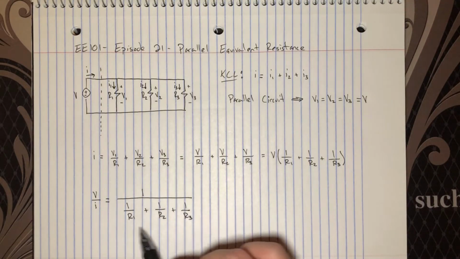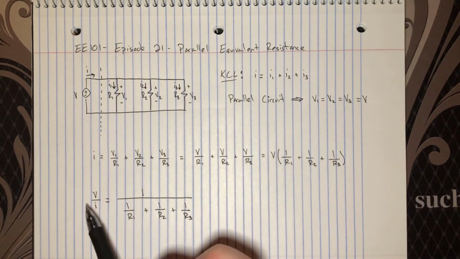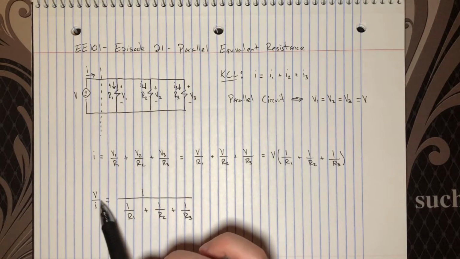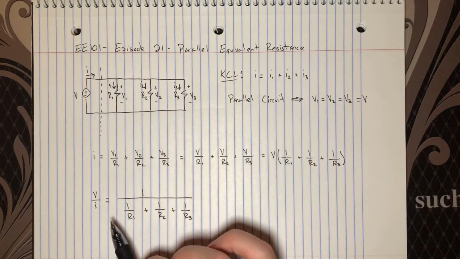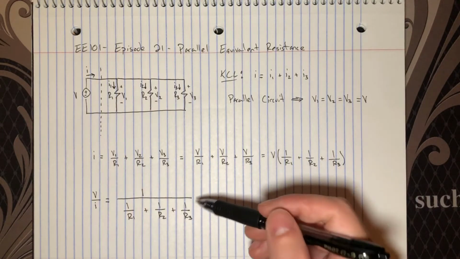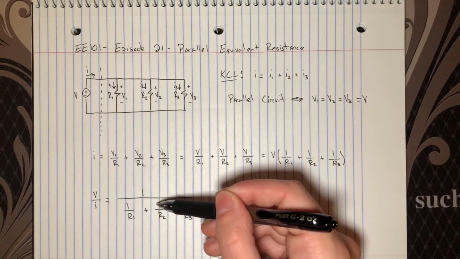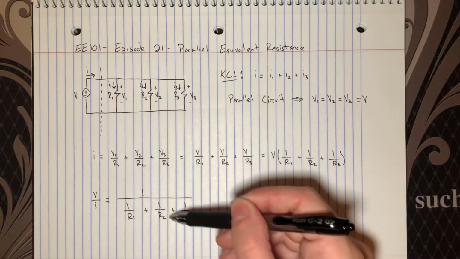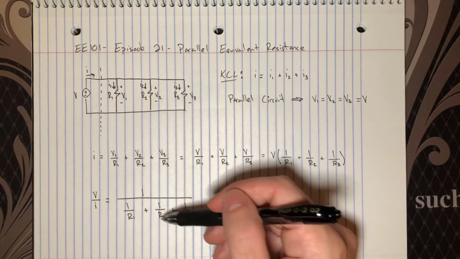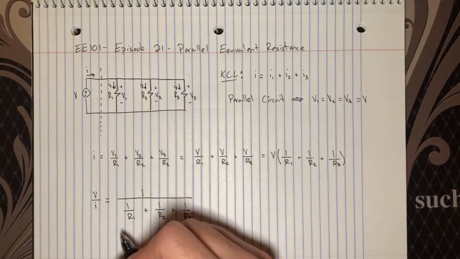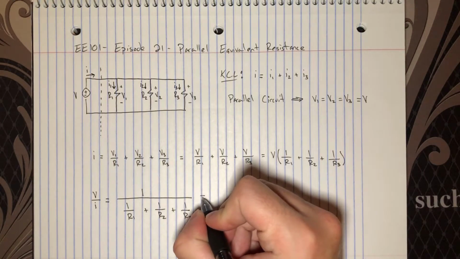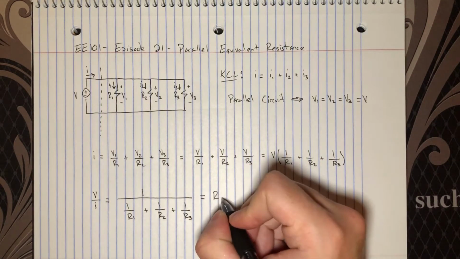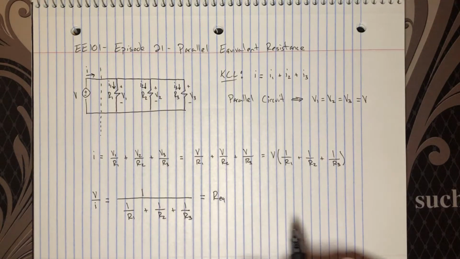And this whole thing has units of resistance. Remember, volts to amps. That's a resistance. This is a volt-amp ratio. And think about it this way. The denominator has units of inverse ohms, but then we're taking inverse of inverse. So really, the units of this entire expression is just ohms. And so we'll probably write this as R eq, or R equivalent.